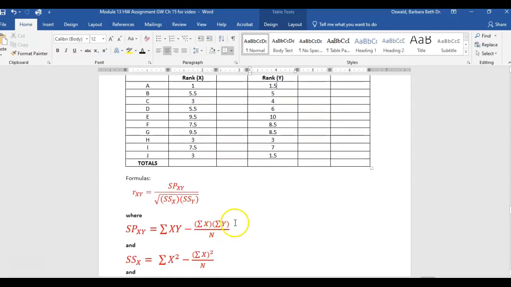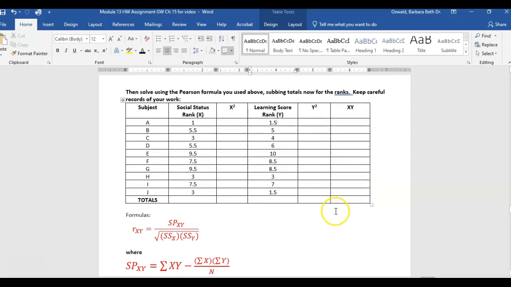Then you're going to use the same old Pearson formula for r sub xy that we've been using, except now you're going to use the rank for social status as variable x, and you're going to square that. Then your learning score rank is going to be variable y, and you'll want to get these totals just like you were doing before.